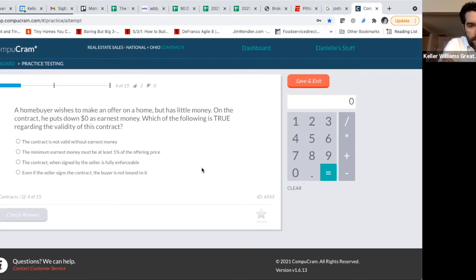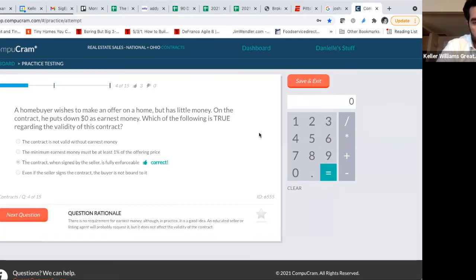All right. Seeing some C's in the box and a D potentially. Sherelle, thank you. She says, I don't know. We'll go with C. And that's going to be true. There is no requirement for earnest money.